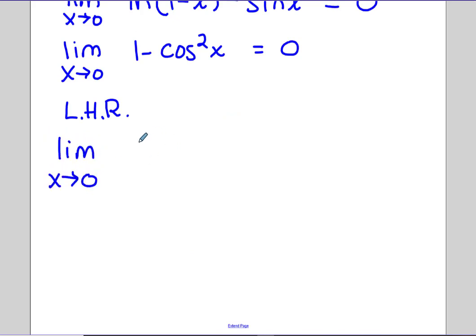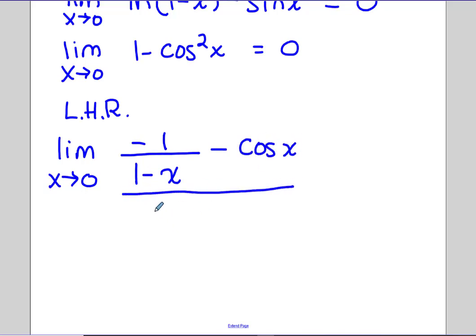The limit as x approaches 0 of the numerator, that would be negative 1 for the derivative of the inside, and then 1 minus x. Derivative of negative sine is negative cosine. Derivative of the denominator is 2 cosine x times negative sine, so that negative cancels the negative, and we have positive.